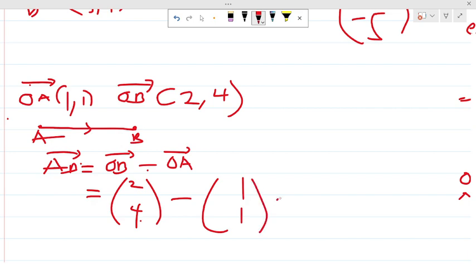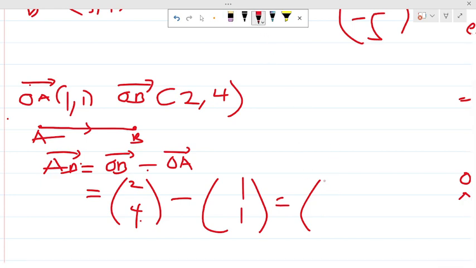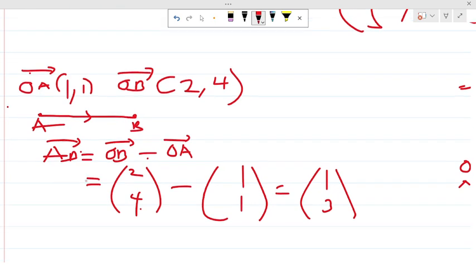So what is our final answer? 2 minus 1 is 1, then 4 minus 1 is 3. So we get the vector AB to be 1, 3. Okay.